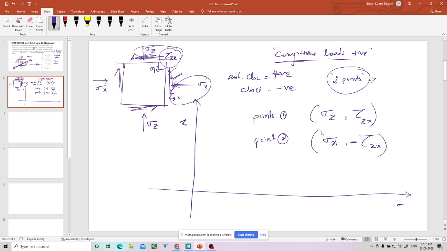As you have 2 points, and these are the ends of a diameter because they are on perpendicular planes, and you know sigma z is greater than sigma x. So let's go for drawing the Mohr circle, taking all those inputs.